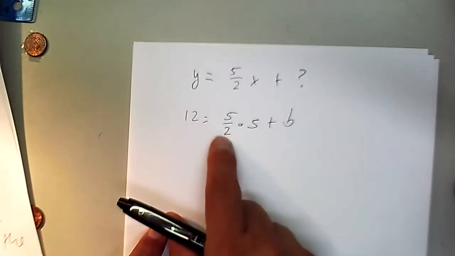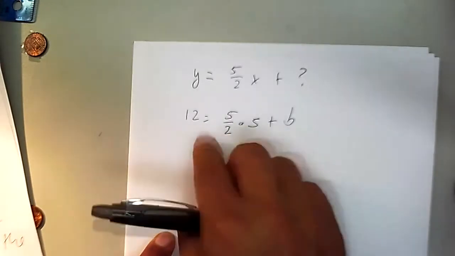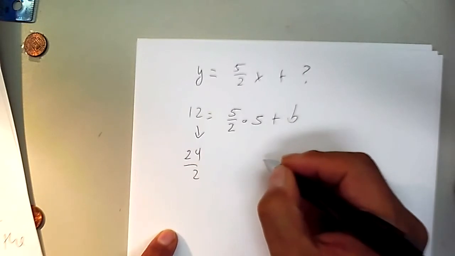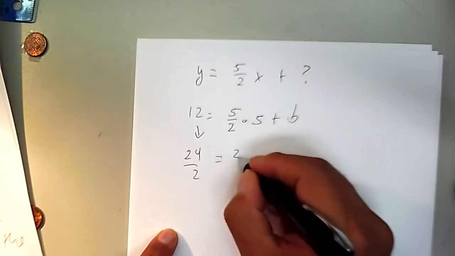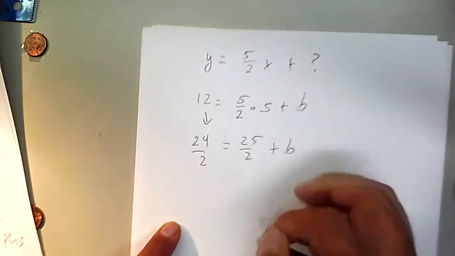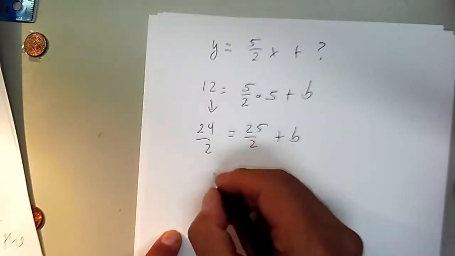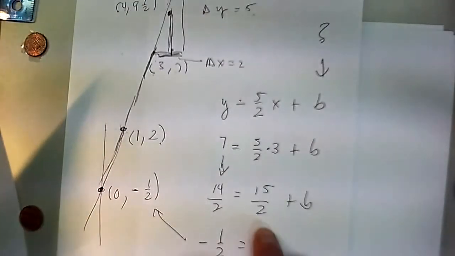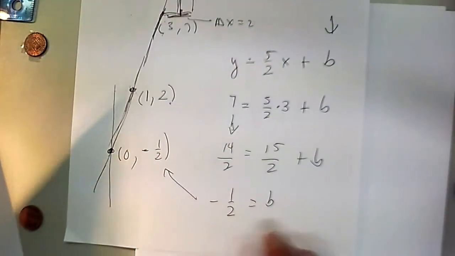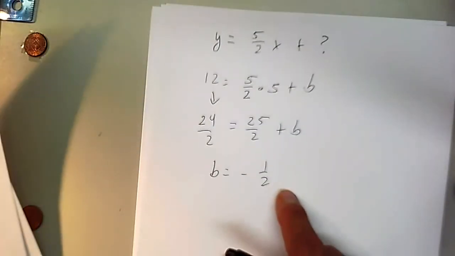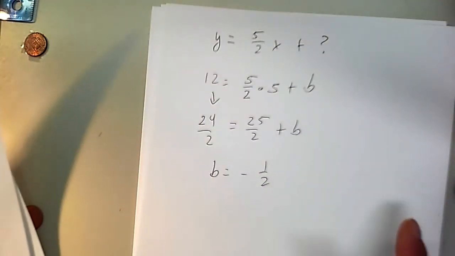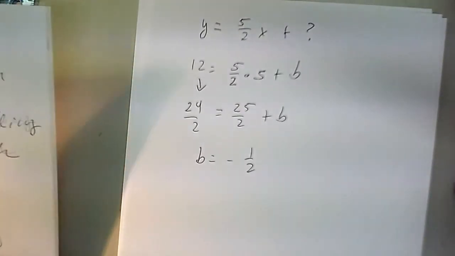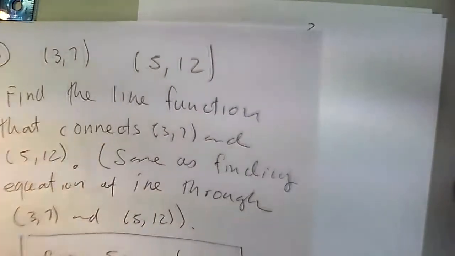Again, anticipating we're going to subtract halves, I'm going to change 12 into 24 halves. 12 is the same thing as 24/2. And that is 25/2 plus b. So when we subtract 25/2 from 24/2, sure enough, b equals -1/2. So we end up with the same answer, regardless of whether we use one point versus the other. That is just the way it is. It doesn't matter which one we pick.